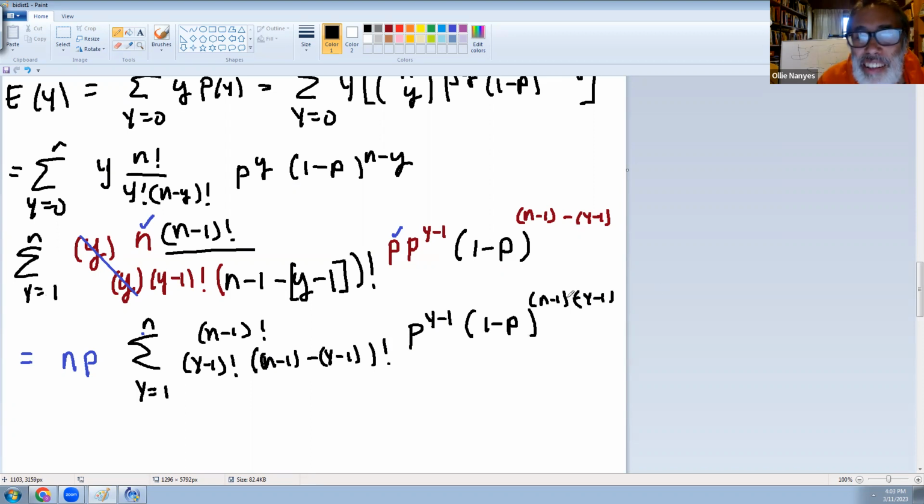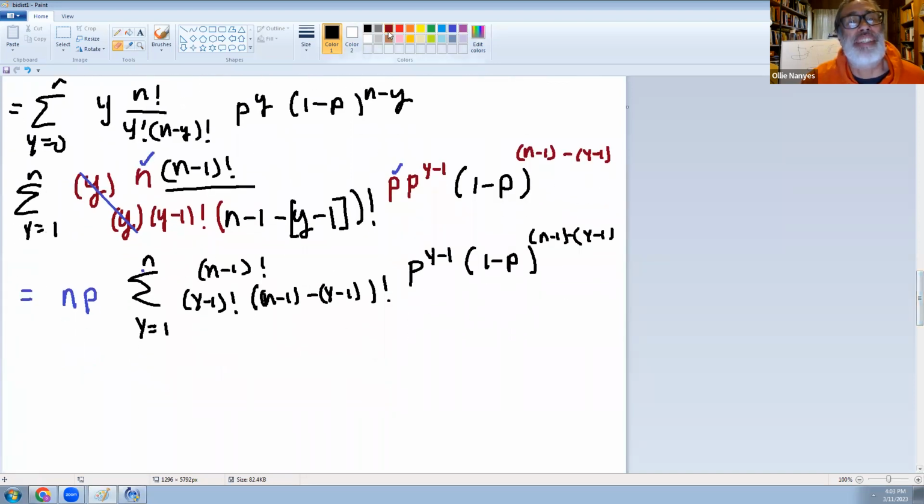Whoops, I got a little enthusiastic there, so I better put my negative there. Do a little erasing here. Okay, now you can see what's going to happen.